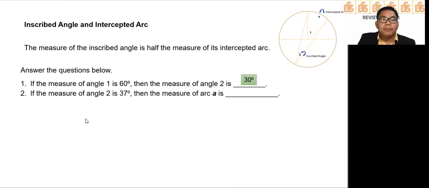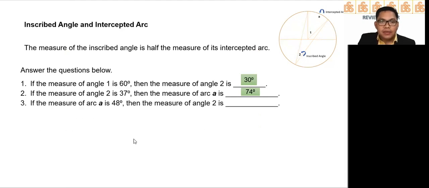Next, if the measure of angle 2 is 37 degrees, then the measurement of arc A is 74 degrees. Just double the angle. Number three, if the measure of arc A is 48, then what is the measurement of angle 2? Get half of 48 and you will get 24 degrees.